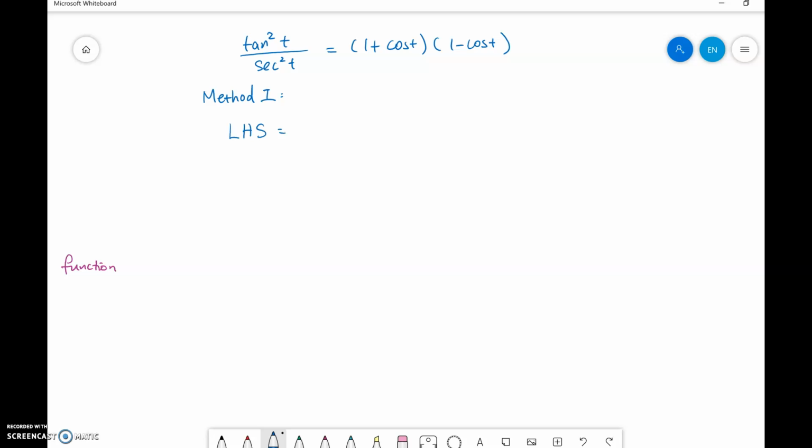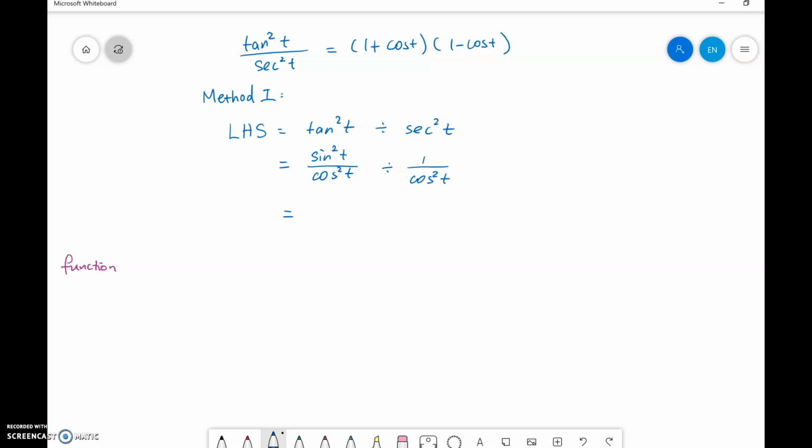Because I have a fraction, yes, I can continue working with the fraction form, but because I'm going to rewrite tangent and secant into their own fraction versions, I prefer to rewrite the division bar as a division sign. So the left side will equal tangent squared t divided by secant squared t, where tangent squared t can be rewritten as sine squared t over cosine squared t, and secant squared t can be rewritten as 1 over cosine squared t.